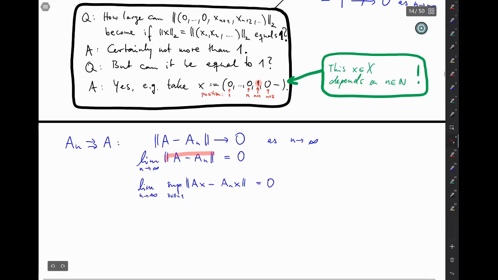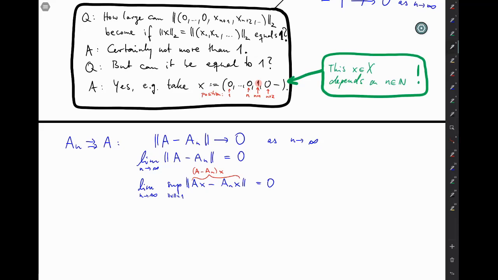So this operator norm here is just replaced by this supremum. And as in the previous example, we have already rewritten this difference of operators applied to x as a difference of one operator applied to x minus the other operator applied to x.